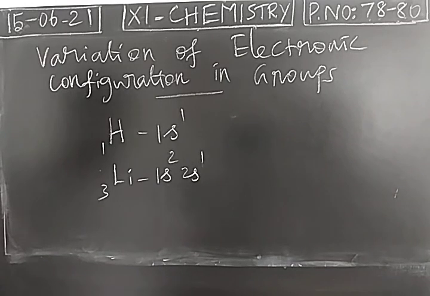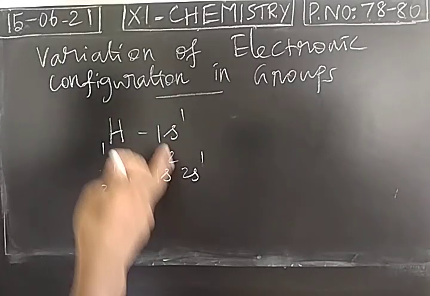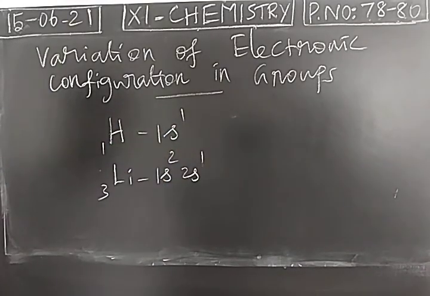These two elements have similar outer electronic configuration, so they are placed in the first group, right? Chemical property is mainly based on the electrons present in an atom. Physical property is based on the atomic weight.